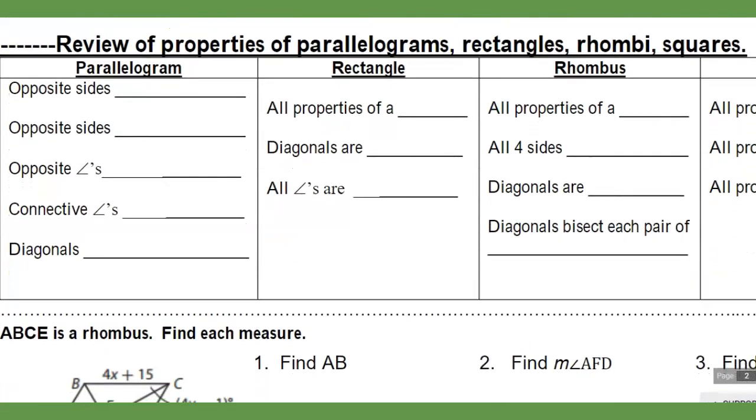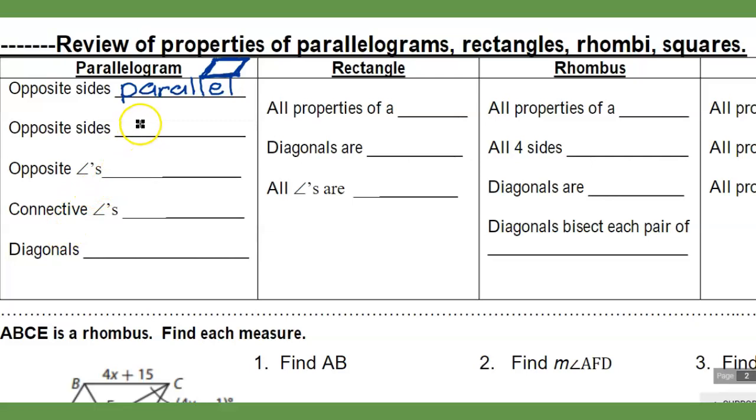Okay. So, quick review. A parallelogram, this symbol, parallelogram. What do we know about the opposite sides? Okay, the definition says that they are parallel. That's why they call it a parallelogram.